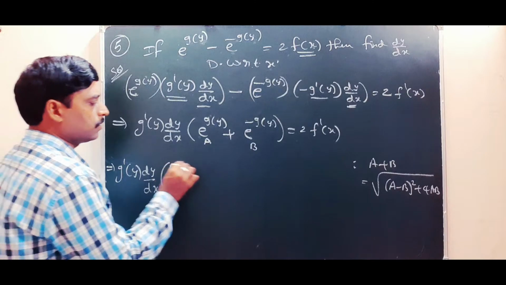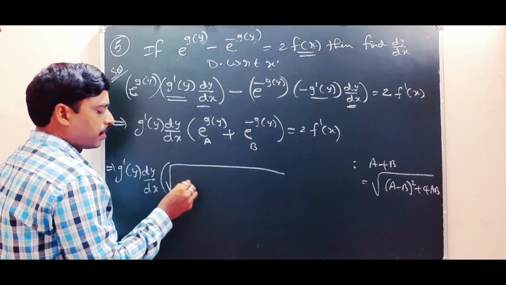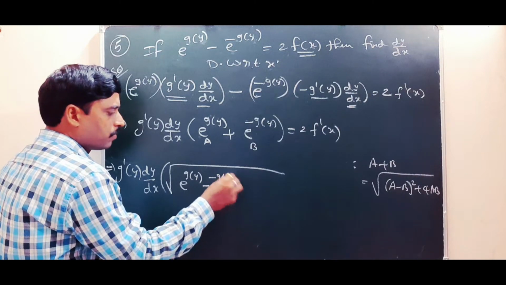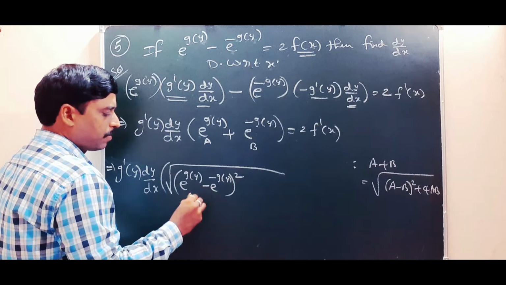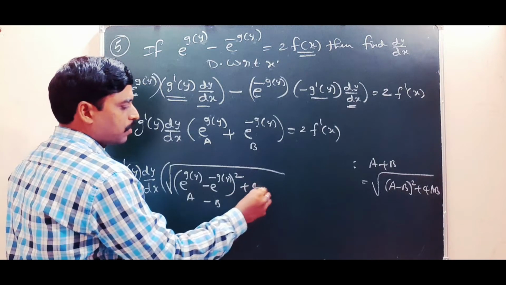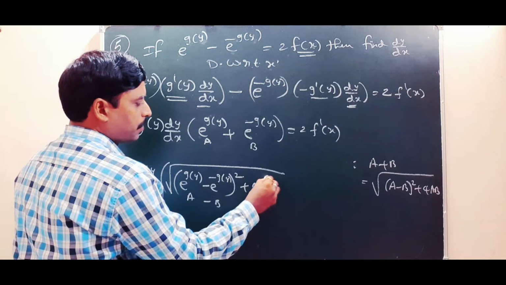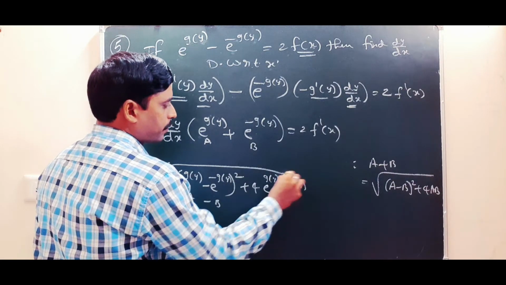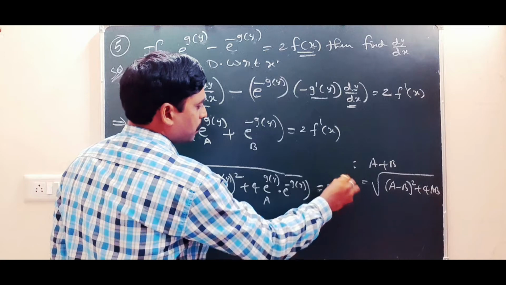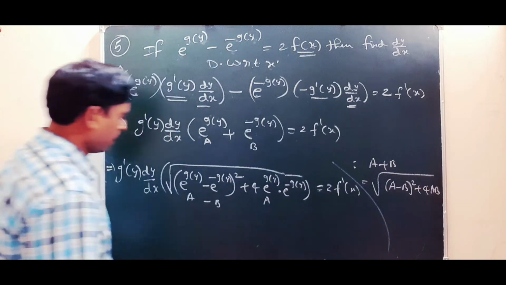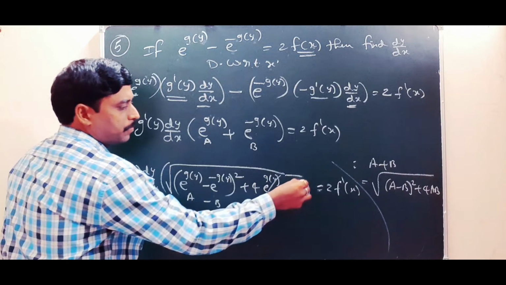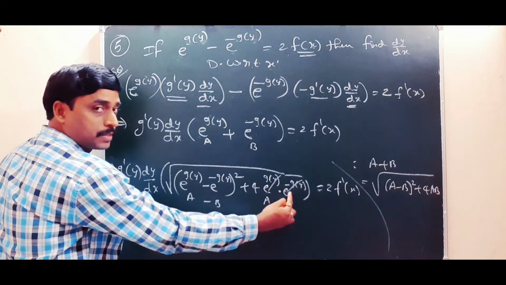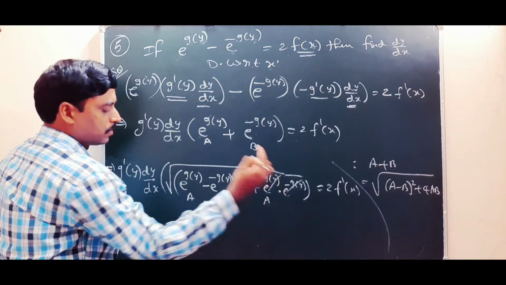So root under (e to the power g of y minus e to the power minus g of y) whole square plus 4 times of ab, where a value e to the power g of y, b value e to the power minus g of y, equals 2 times of f dash x. So e to the power g of y and e to the power minus g of y get cancelled. If bases are equal, powers are added, e to the power 0 will be 1.